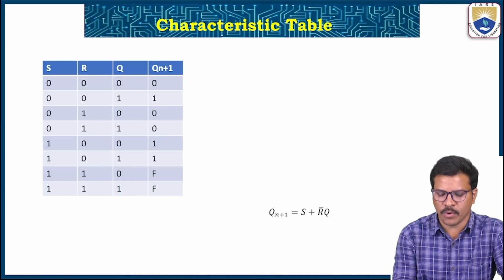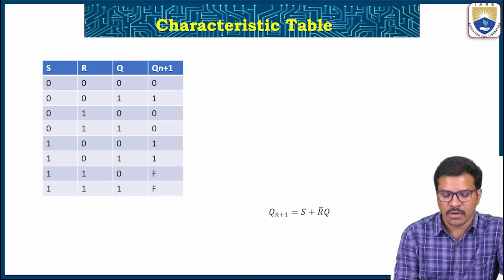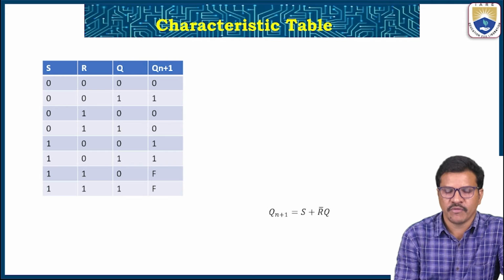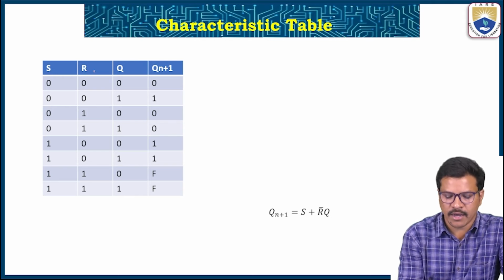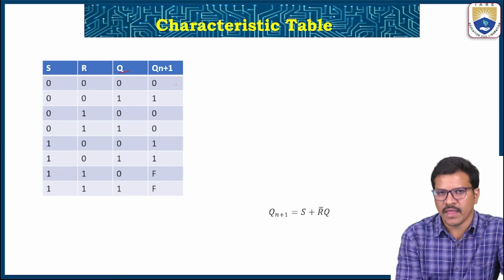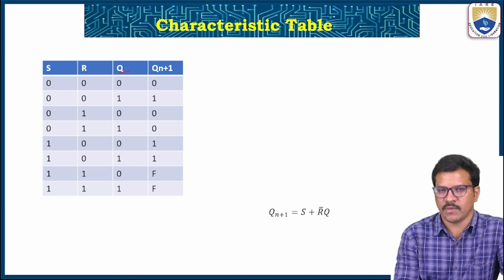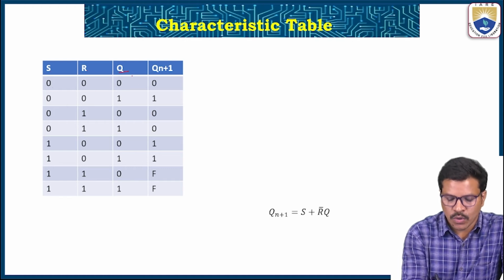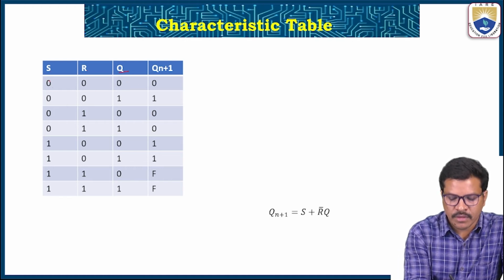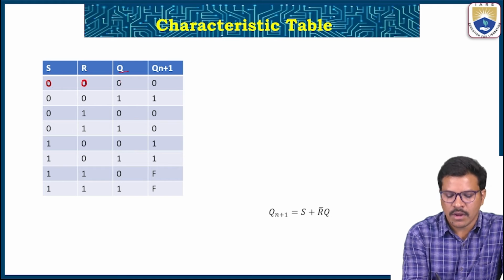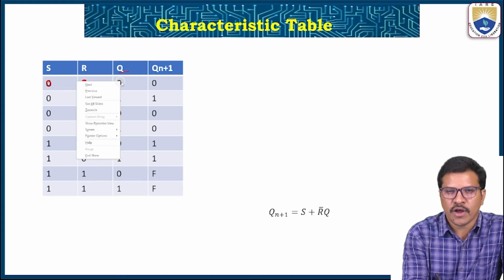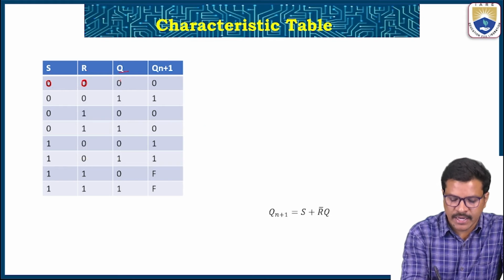This is the characteristic table. The characteristic table gives the relationship between the main inputs S and R and the present state. After applying S and R, what will be the next state? Then we can make the characteristic equation. Let us assume S is equal to 0, R is equal to 0, and the flip flop's present state is 0.